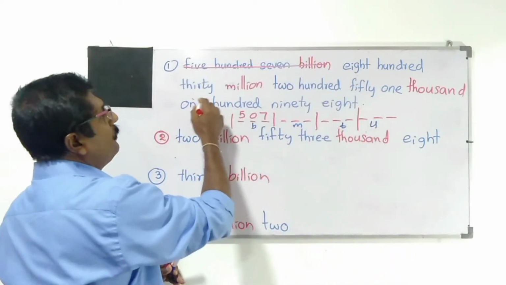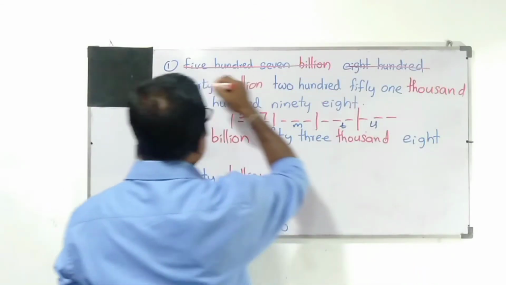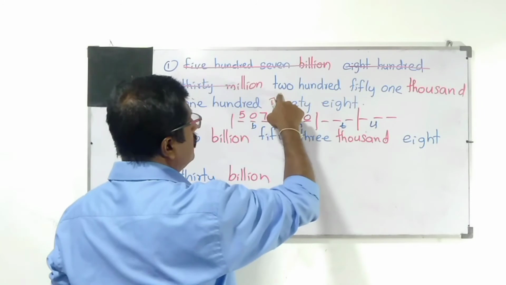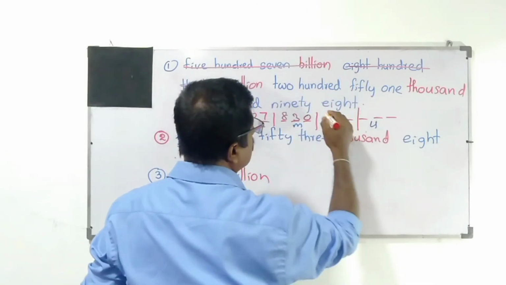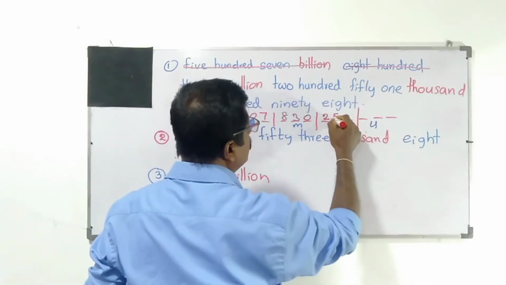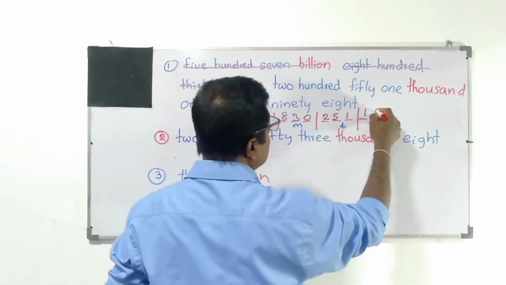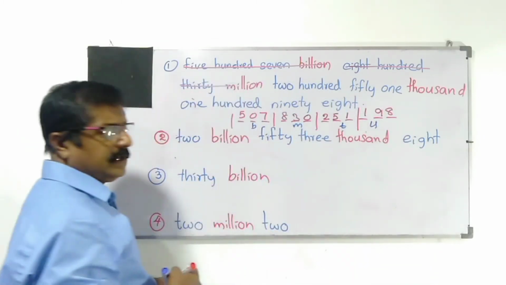830 million. In the million zone, 830. 251,000. In the thousand zone, 251. 198. Here you are. This is the way.